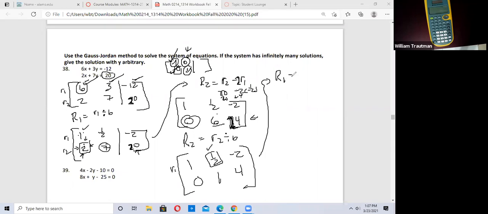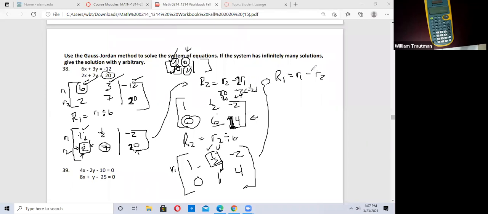To change row 1, I'm going to take the old row 1, that 1/2, and subtract row 2. Well, 1/2 minus 1 is a negative 1/2, but that doesn't make sense. I have to have a 0 in this spot.